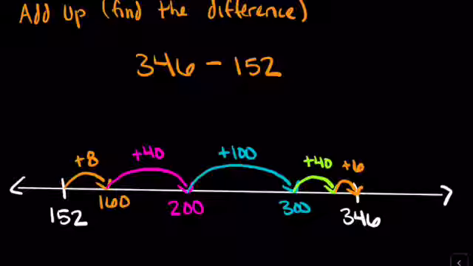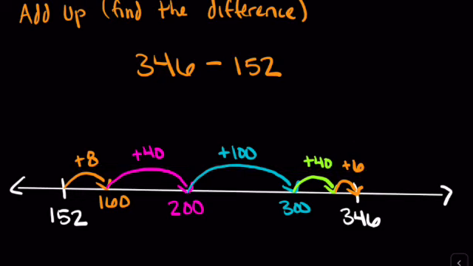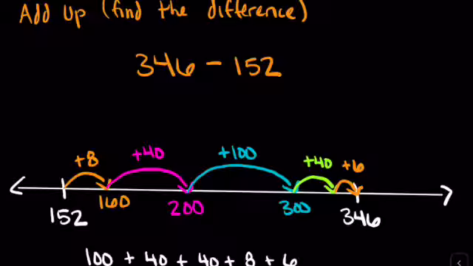And now my job is to figure out how much is the difference between these. How much did I add up from 152 to 346? 100 plus 40 plus 40 plus 8 plus 6. Okay, well, that shouldn't be too difficult. 180 plus 8 plus 6.